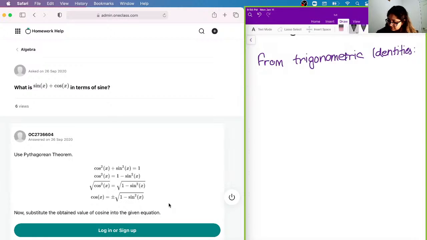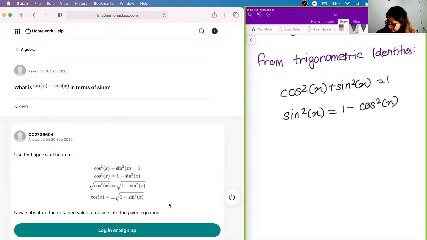So what we have to do is, you guys will know it as cos squared x plus sine squared x is equal to 1. So let's isolate for sine squared x. You would just move cos squared x to the other side, right? So you have sine squared x is equal to 1 minus cos squared x.